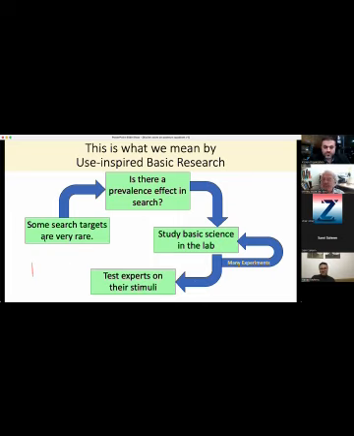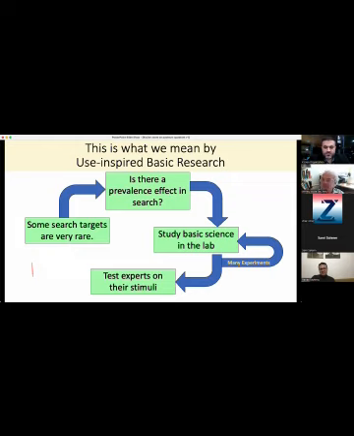The last piece of that loop, the question everybody should ask after I'm done here is, well, gee, okay, you found this. Now what are you going to do about it? I have spent quite a few years at this point writing grants to the US government saying, I've got this great idea about how we're going to fix prevalence effects so that fewer targets get missed out there in the world.